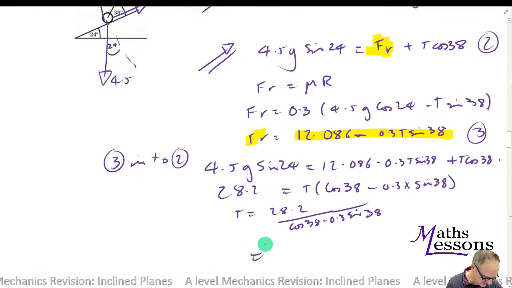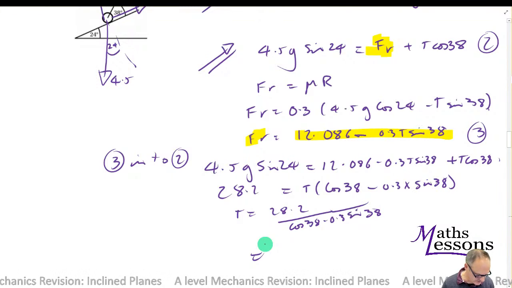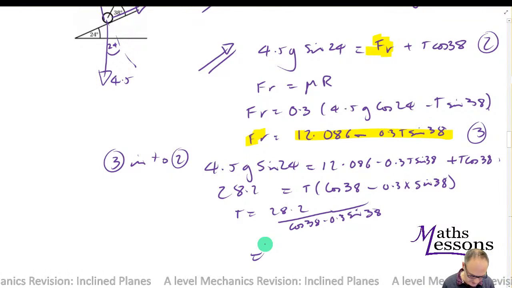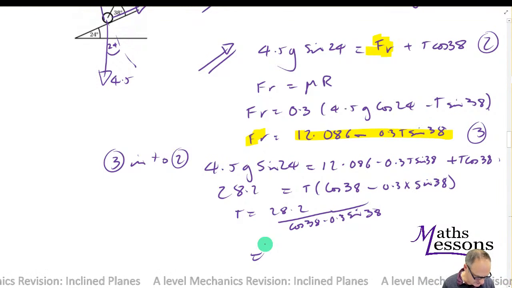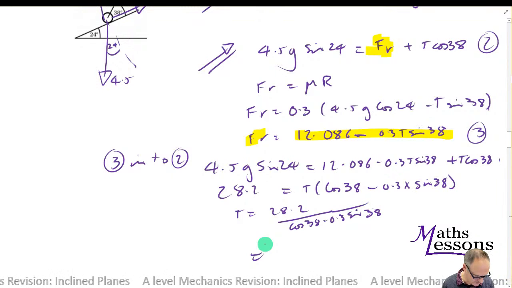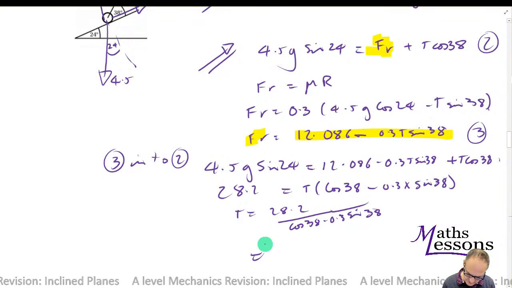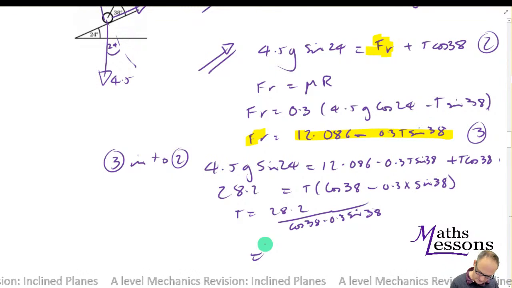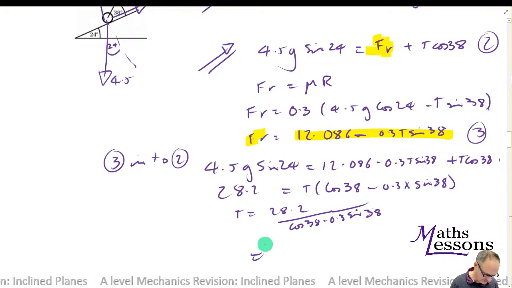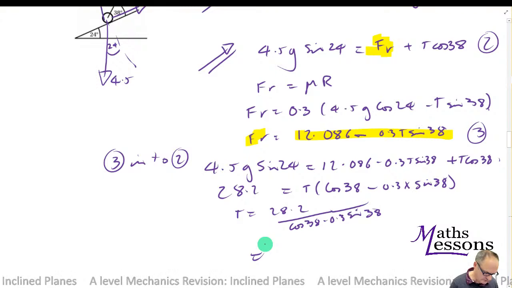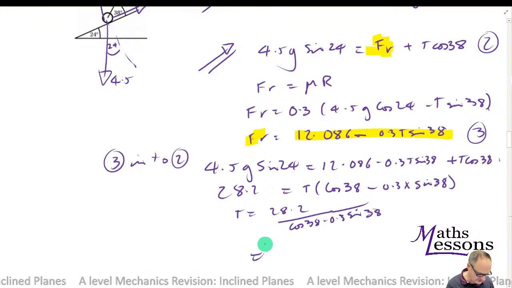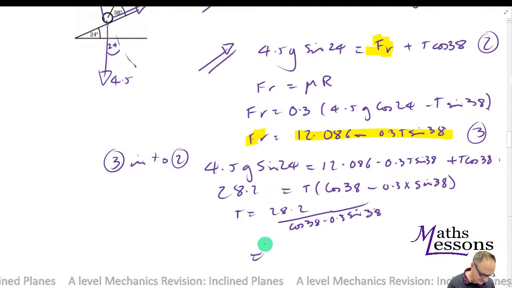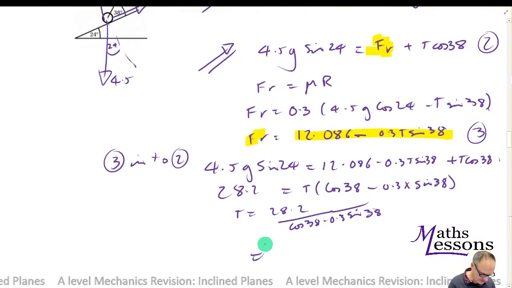I'm just going to write down the digits because it's going to go off my screen. I did work out the 28.21148. Always use your full calculator display when doing calculations. I'm going to do divide by open brackets.